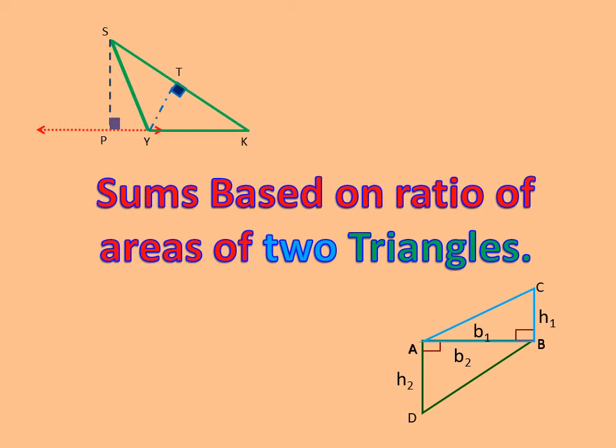As we have done in our previous video, we have seen how to find out the ratio of areas of two given triangles, and also regarding that we have learned different conditions by which we can say the two triangles have equal heights or two triangles have equal bases, and we have also seen how the two triangles can have equal heights as well as equal bases. So based on all that, we will see the sums in this video.